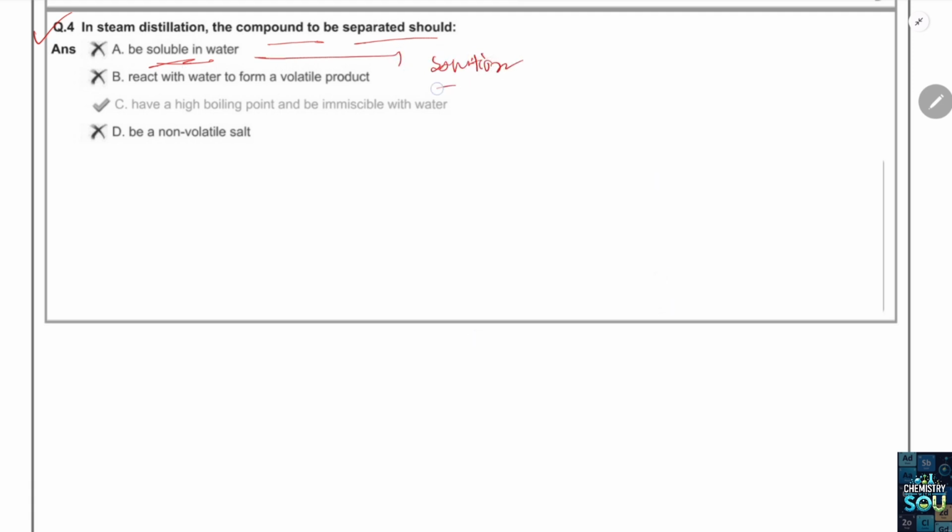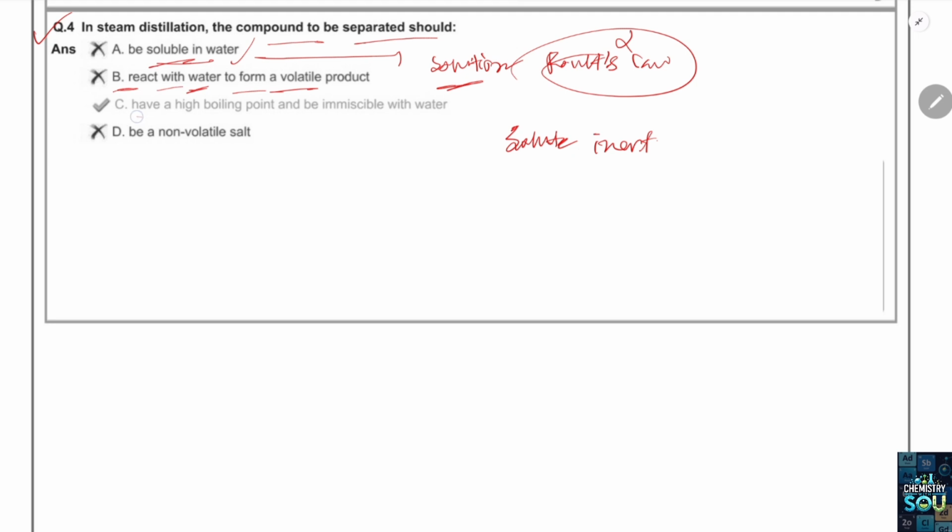The solution will not follow Raoult's law, and after adding the solute, the boiling temperature increases, but we want to lower the temperature instead of increasing it. Option B says it reacts with the water to form a volatile product. The solute must be inert. If it is interacting with the water, then a chemical change occurs, so that is also not good for steam distillation.